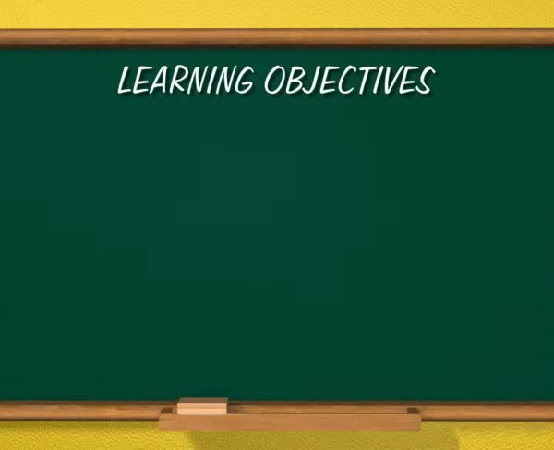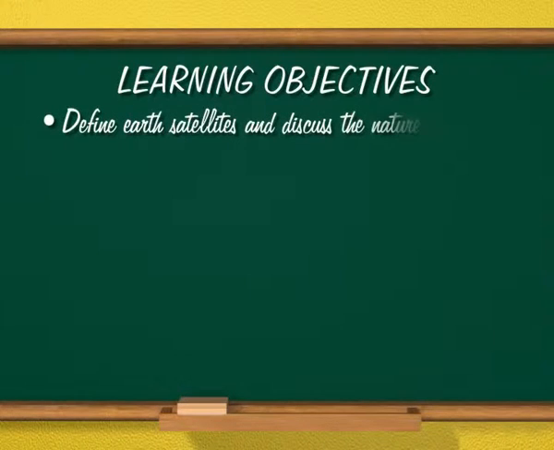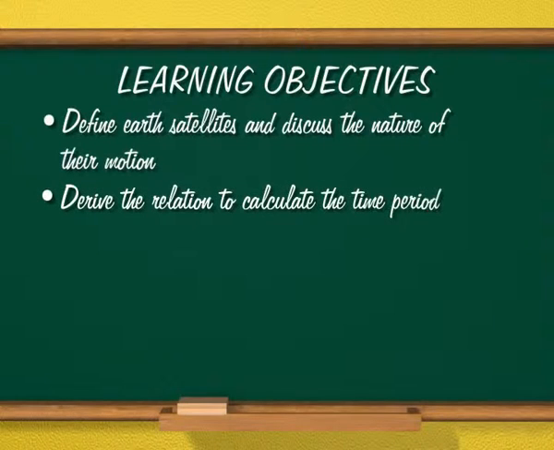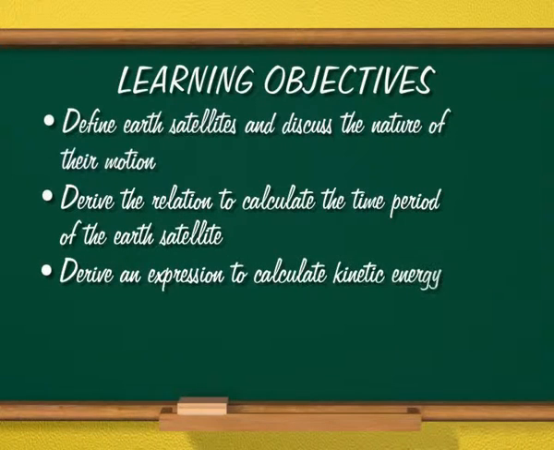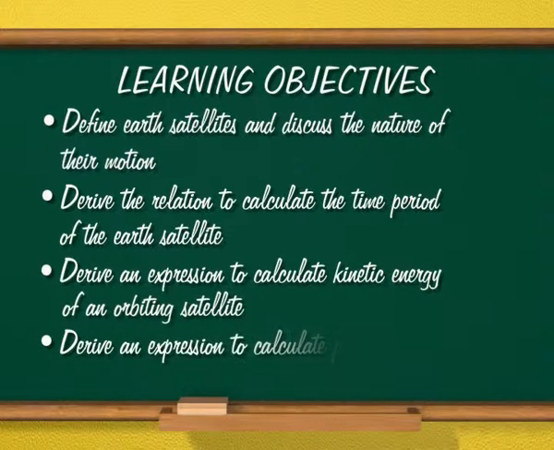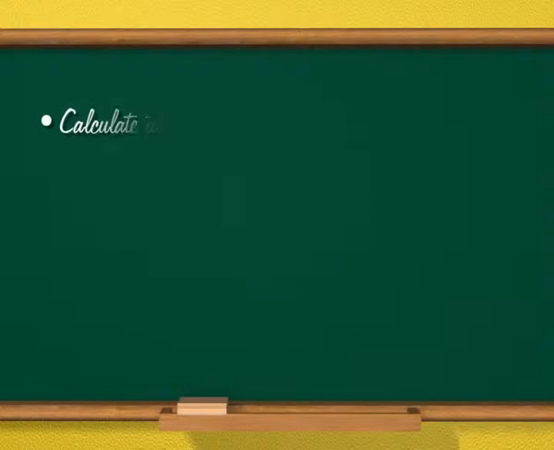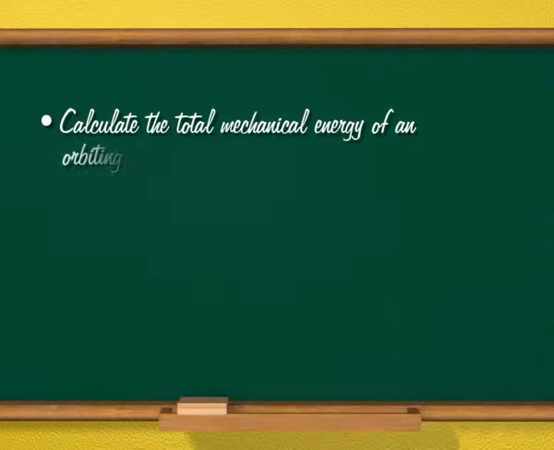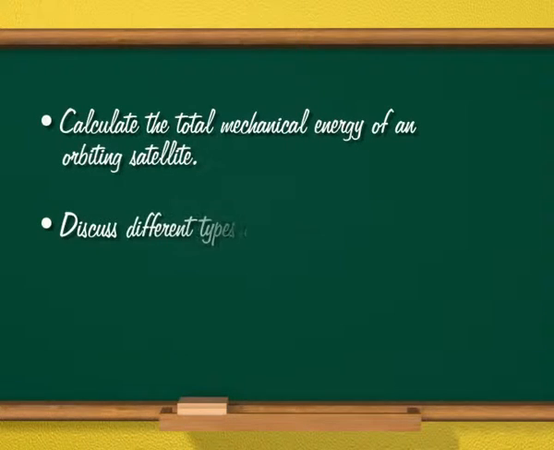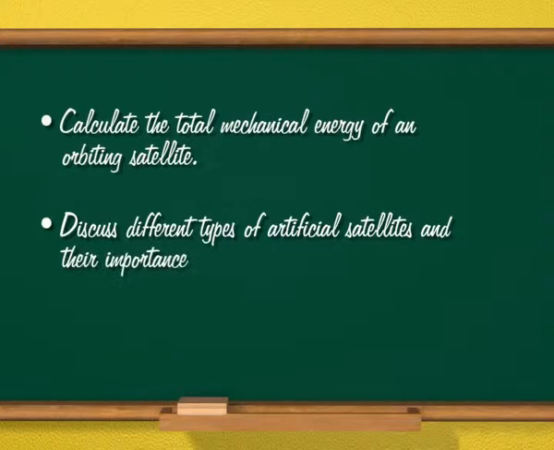On completion of this topic, learners will be able to define Earth satellites and discuss the nature of their motion, derive the relation to calculate the time period of the Earth satellite, derive an expression to calculate kinetic energy of an orbiting satellite, derive an expression to calculate potential energy of an orbiting satellite, calculate the total mechanical energy of an orbiting satellite, discuss different types of artificial satellites and their importance.